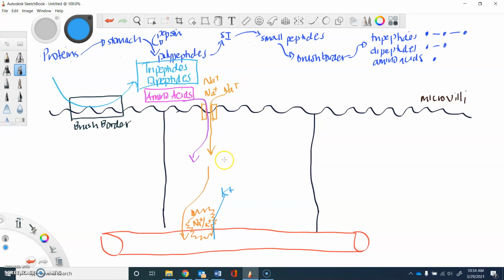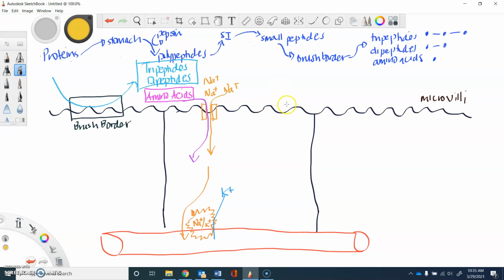Tripeptides and dipeptides come in a little differently. So tripeptides and dipeptides are also facilitatedly diffused or whatever into the cell. So we have to build up a gradient. It doesn't follow sodium.